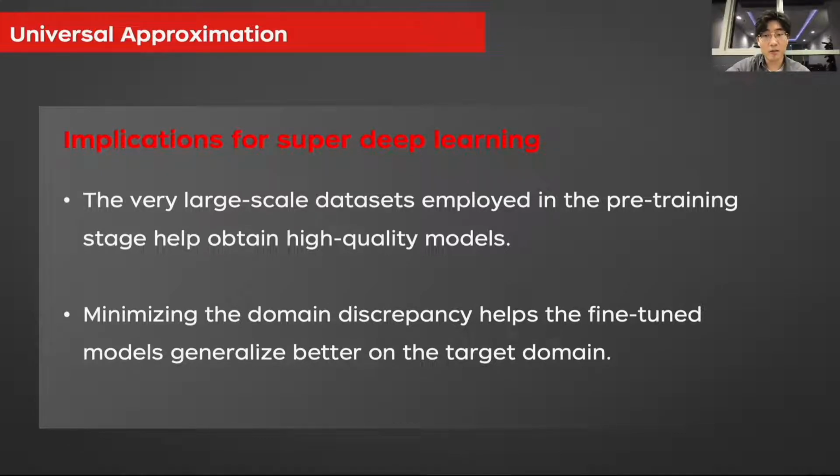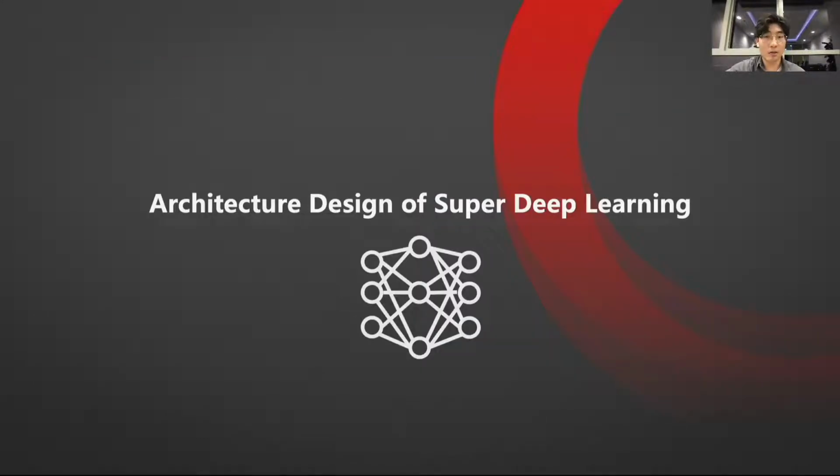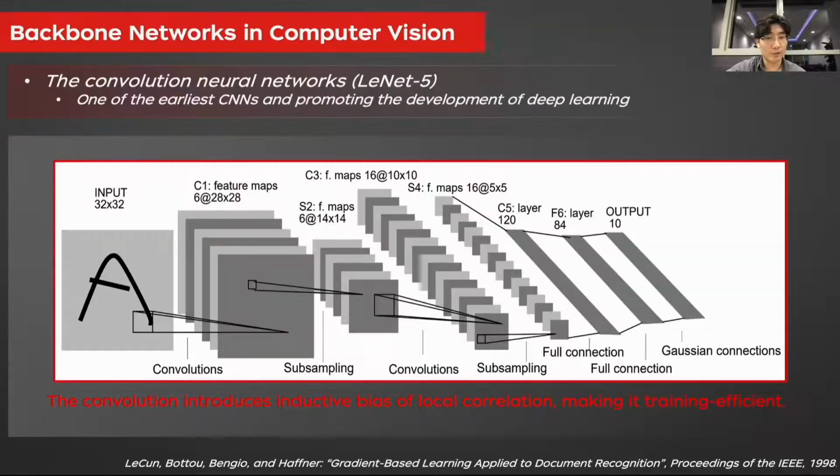Although the underlying theory is still lacking, to some extent, we have made preliminary arguments for the value of super deep learning. Thus, the super deep learning studied by our academy is composed of mega model, supercomputing cluster, and massive data. Let's first look at the architectural design of super deep learning.